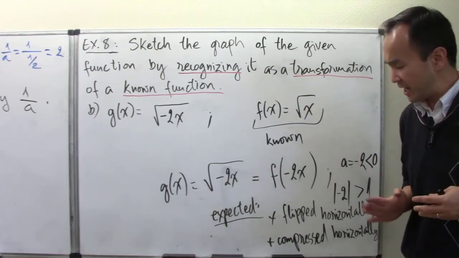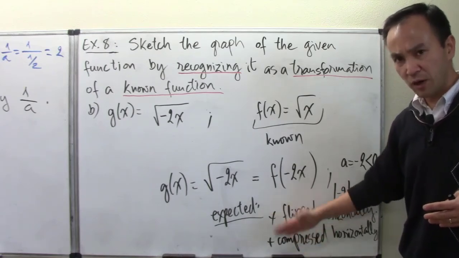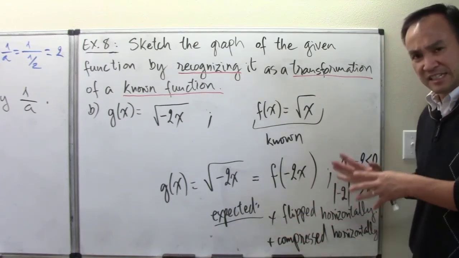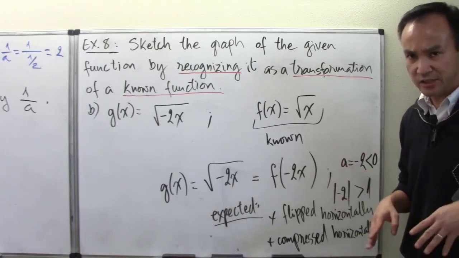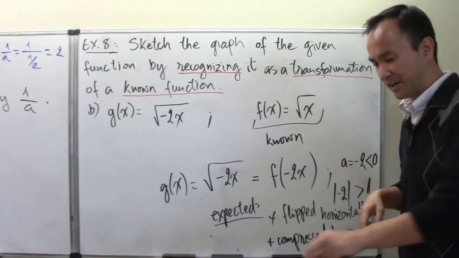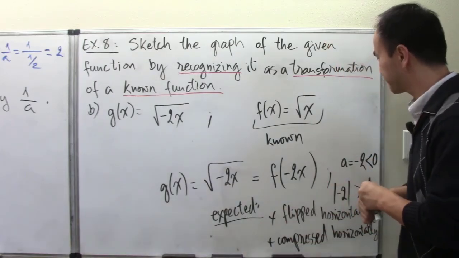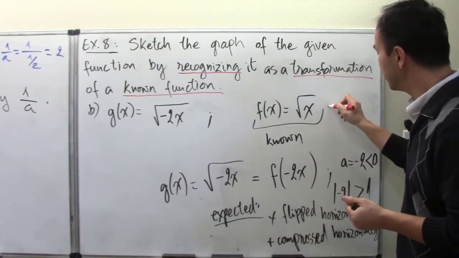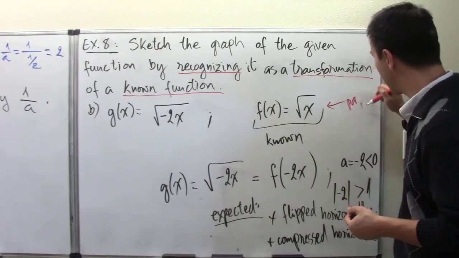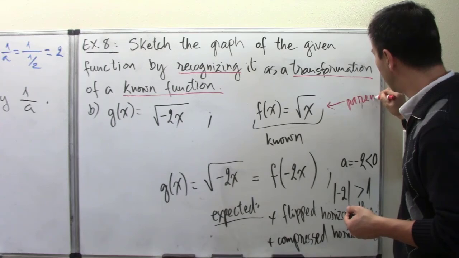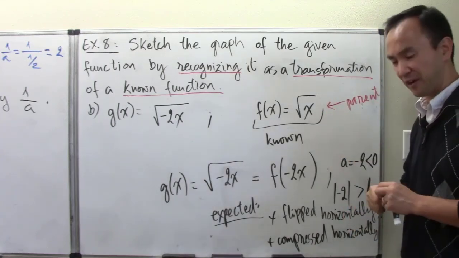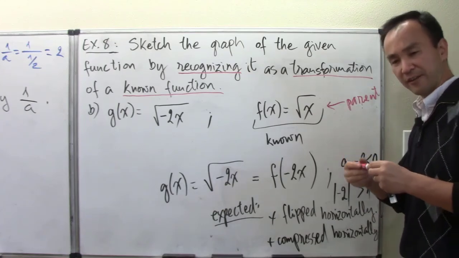Even if we already know what to expect, when we're actually putting it down on paper and pencil, it's not easy. So we still need to know the actual shape of the parent function, as well as a few guiding points on it.